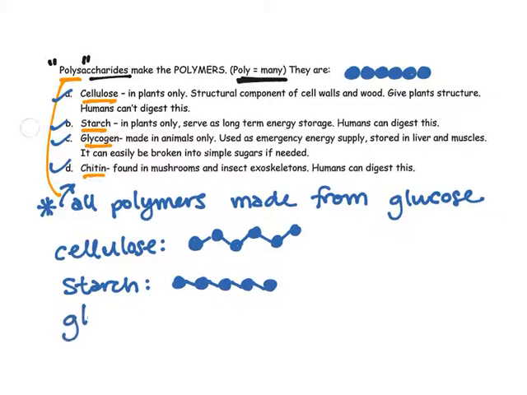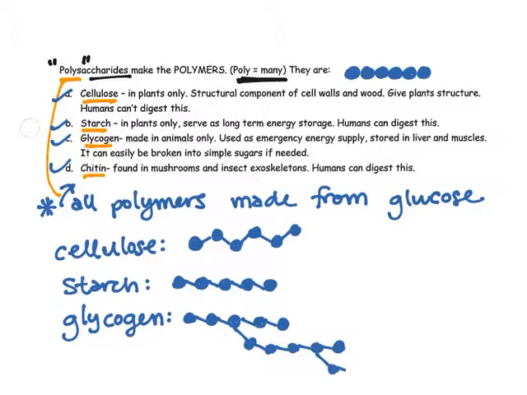Glycogen has these structures that are pretty awesome, but we see that there is branching involved. And these monomers kind of link together and branch to form these larger structures.